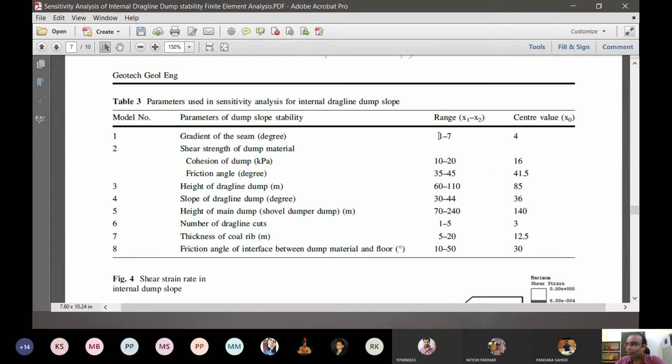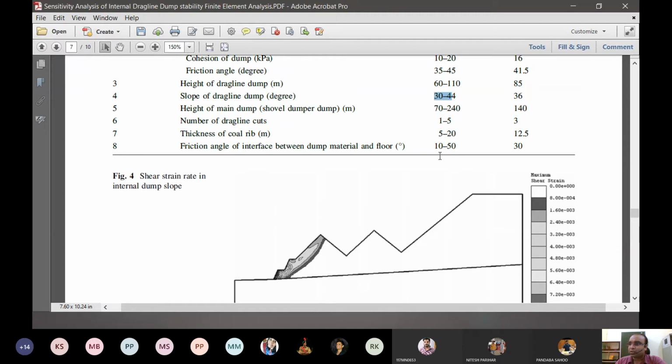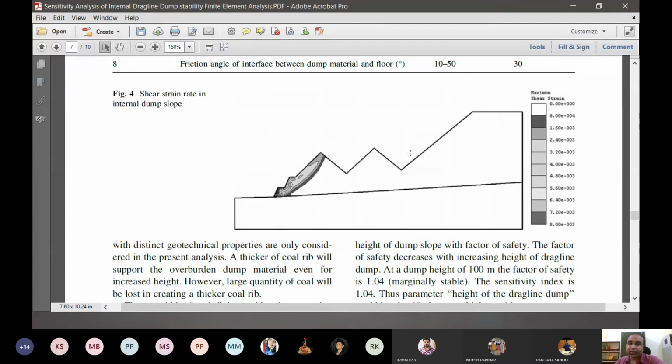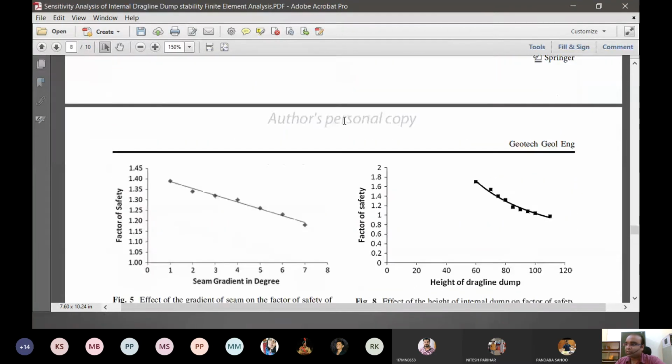So like 1 to 7 variation with a difference of maybe 1, so that means 7 models here, and 10 models here, 10 models here, some maybe 5 variation, so 10 models here. So almost like 100 models we actually made and analyzed each of them for their factor of safety.